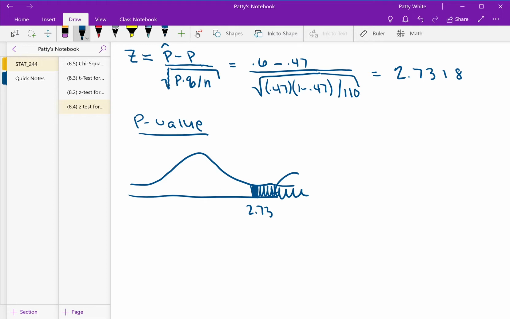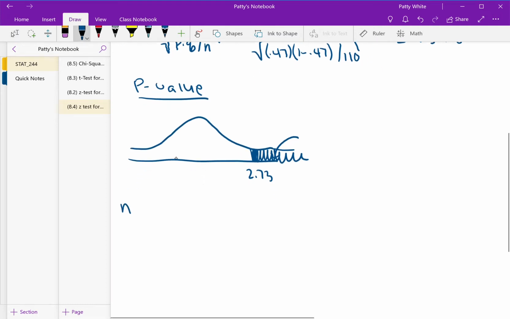We have a normal distribution, so we're going to use the normal CDF. The minimum value is this 2.7318 to positive infinity, the mean of 0 and a standard deviation of 1.